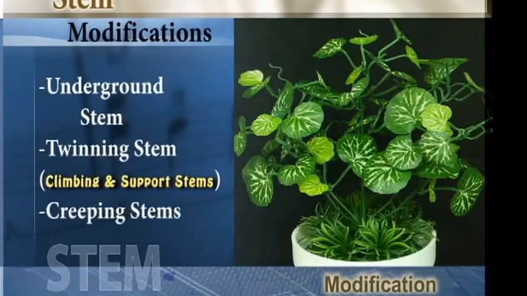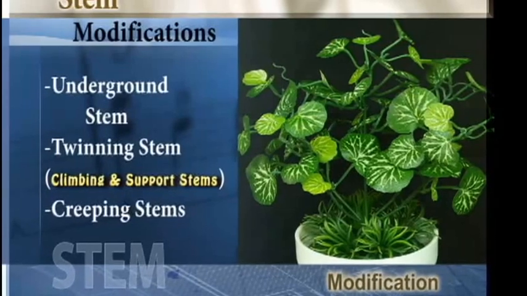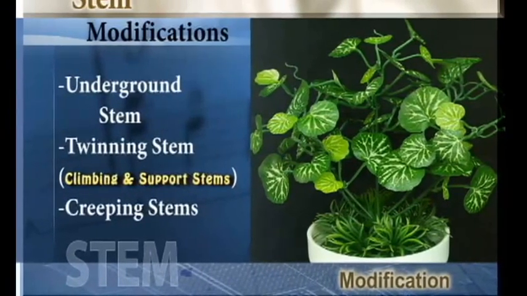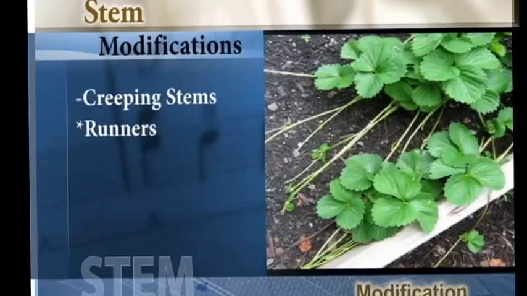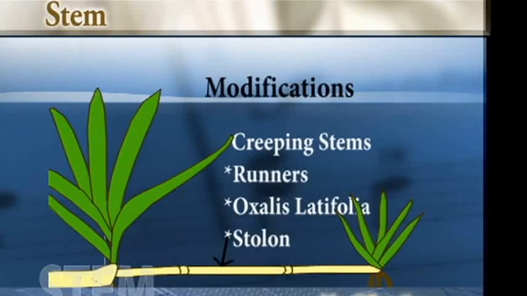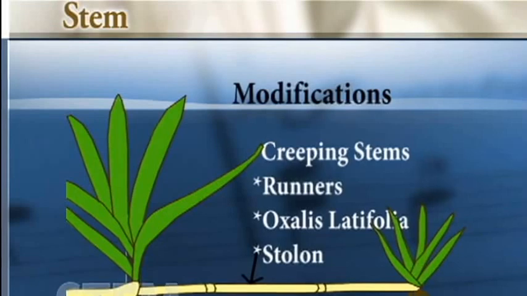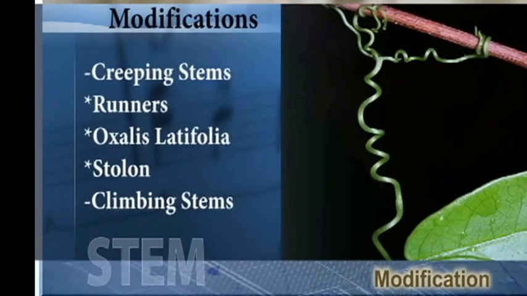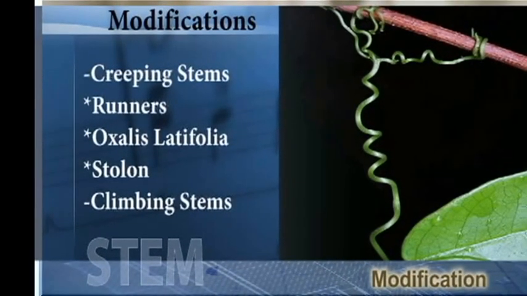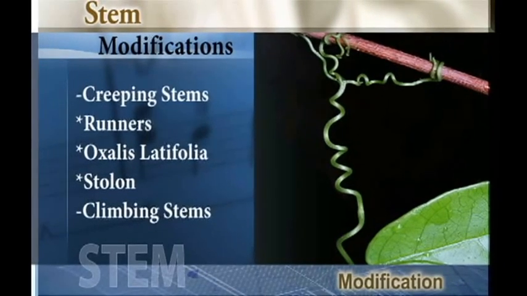And then we have seen the creeping stems, which assist in the movement or transferring of the plant from one region to another region, and that one is seen in runners and oxalis, and then stolon. And then we have looked at the climbing stems, which help in the climbing of certain plants that cannot support themselves by growing upwards or erect.